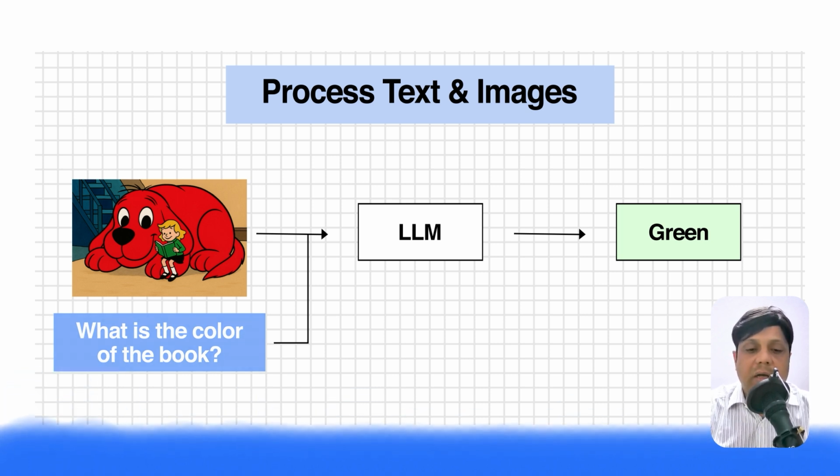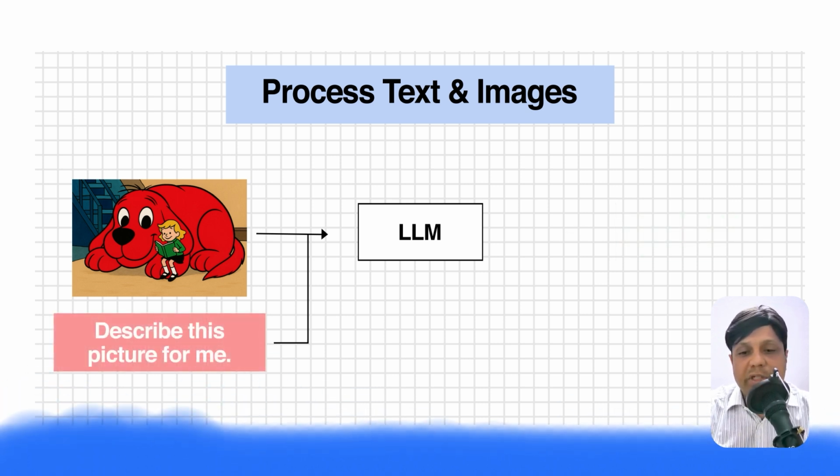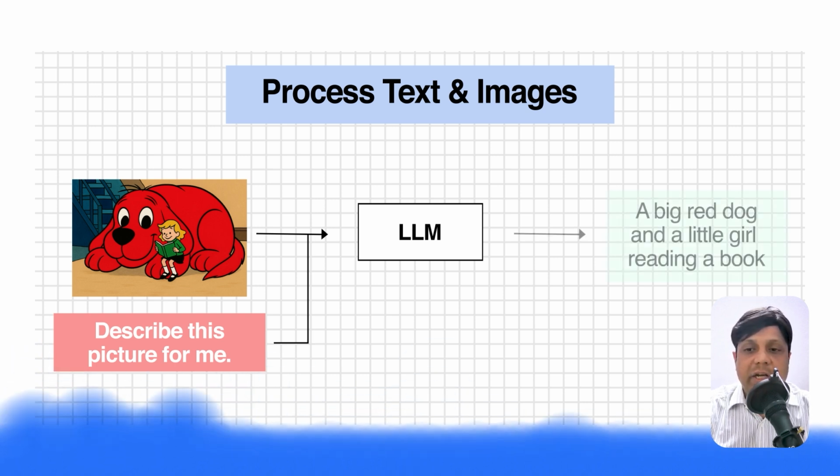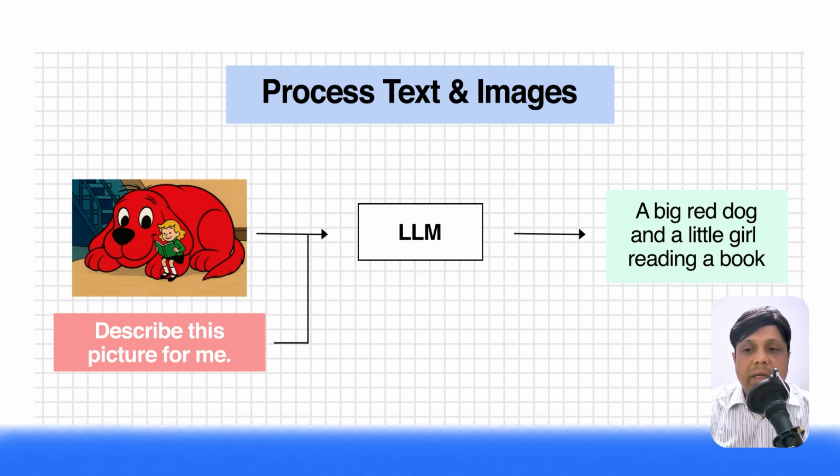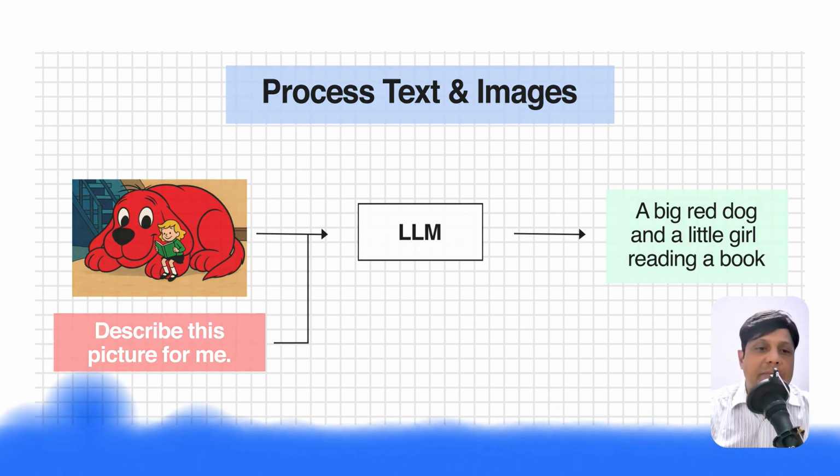Similarly, we can say describe this picture for me, and I think this is very common. People are asking models to describe pictures and asking what is present in the picture, and the LLM has generated the result: a big red dog and a little girl reading a book. So we all know the basic applications of LLMs.